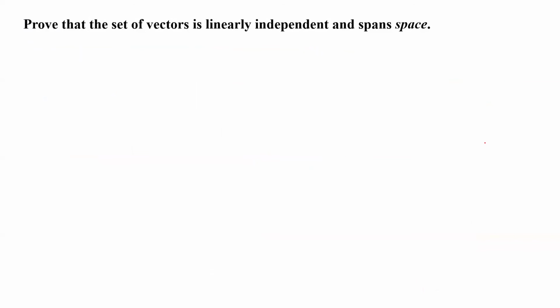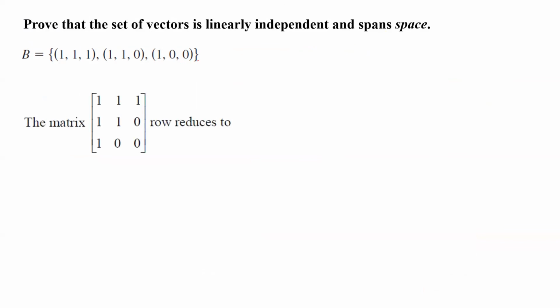Prove that the set of vectors is linearly independent. So take a look. You have (1, 1, 1), (1, 1, 0), and (1, 0, 0). What are we going to do? We're going to form the matrix, all right? Now this is what you're going to see using the matrices. The matrix in row reduced form can be written as the identity matrix.